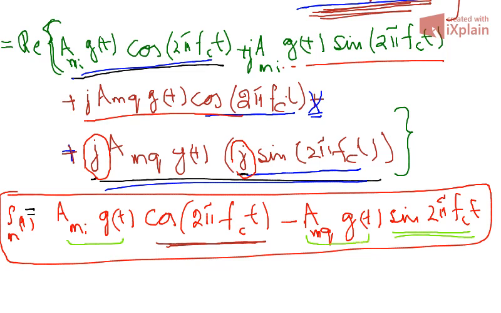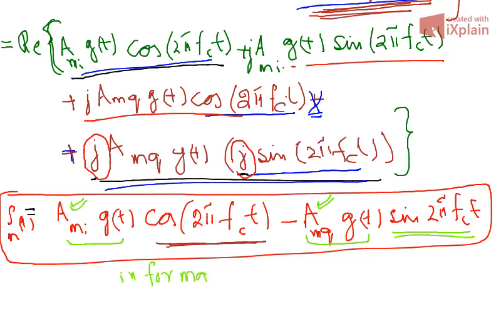AMI and AMQ are also real numbers, magnitudes. And g of t is of course a pulse shaping waveform, a gate pulse. So basically your AMI and AMQ in this part are information bearing amplitudes.